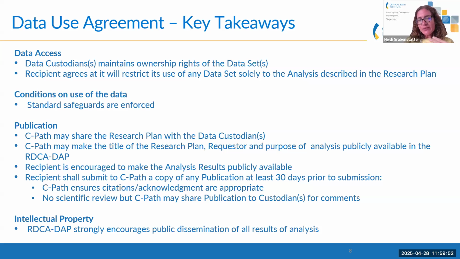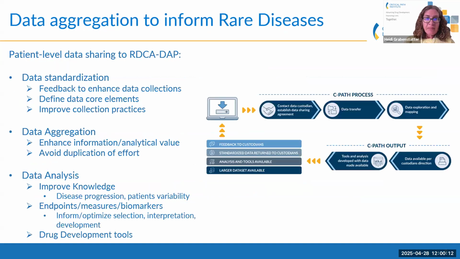And there's no scientific review, but C-Path may share publication to the custodian for comments. RDCA strongly encourages public dissemination of all results of the analysis that's been done on any data.